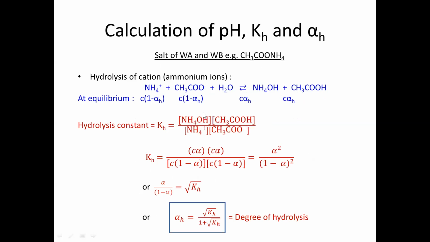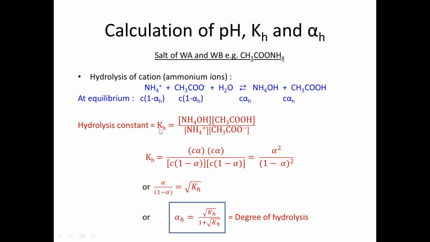So how do we find the expression for the degree of hydrolysis in this case? Again, we will write the hydrolysis equation where ammonium ions are in equilibrium with undissociated ammonium hydroxide and the acetate ions are in equilibrium with undissociated acetic acid.